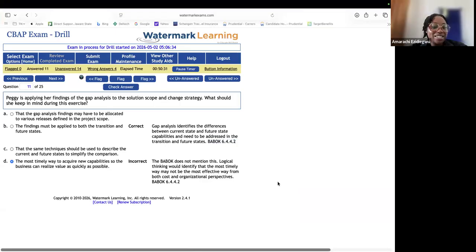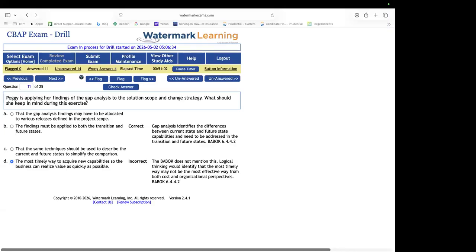And the future state is something that would definitely be considered because gap analysis has to compare that. So if you're going to apply it to the scope, then you'd have to apply it to the process of the change, that transitioning state. I wasn't so sure, and that was why I went with C2. So probably that's the reasoning.